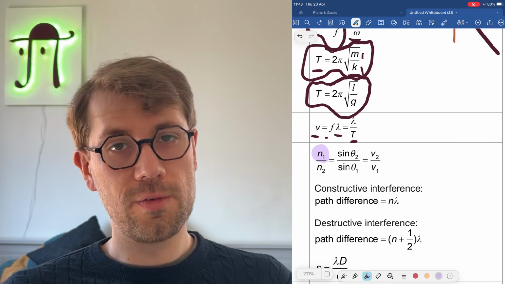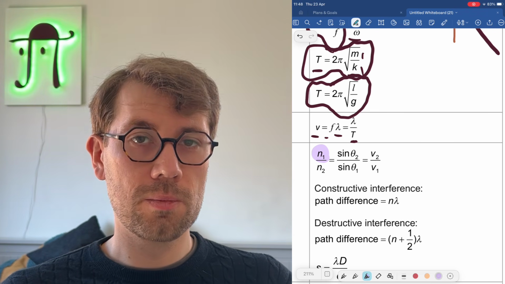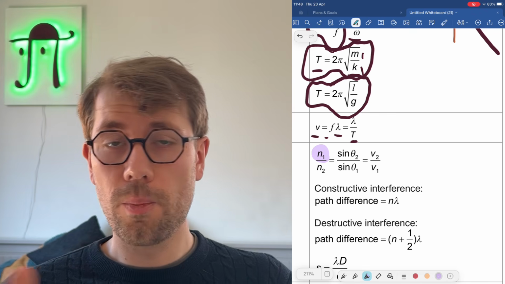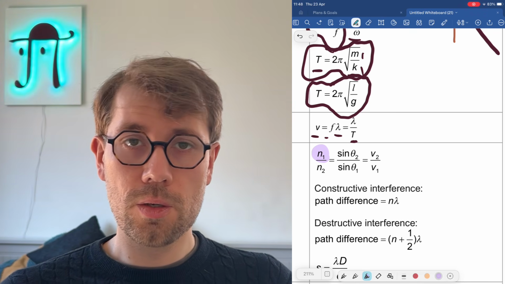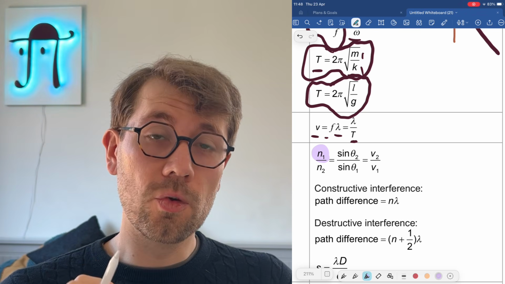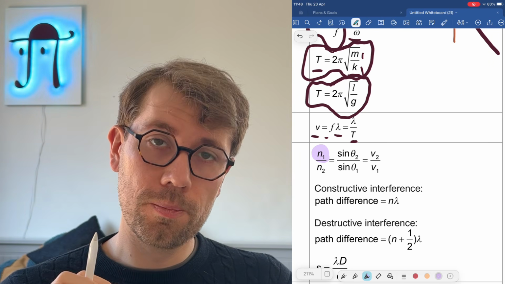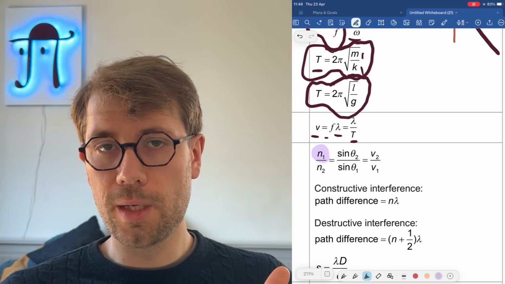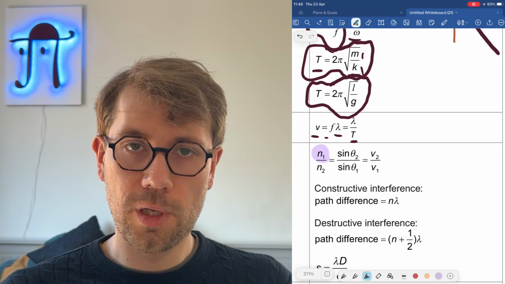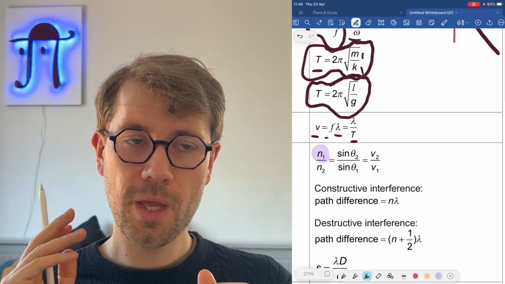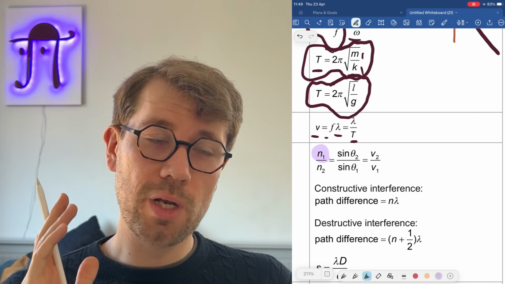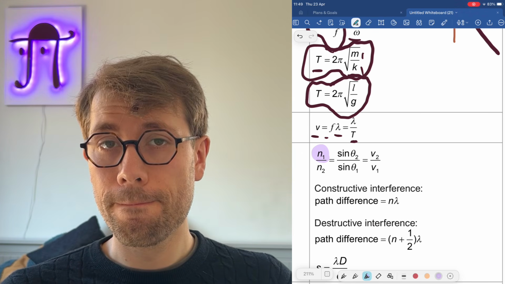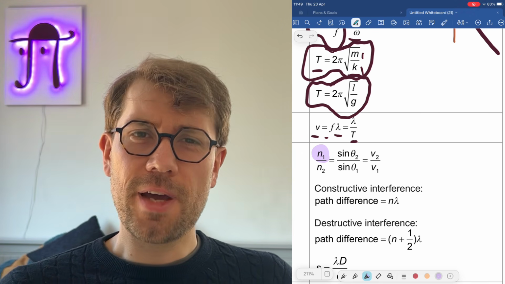A low refractive index means it won't slow down light much compared to the speed of light in a vacuum. So the speed of light in a vacuum actually has a refractive index of 1. You can't get lower than that. That's the lowest possible refractive index. If you got one lower, it would imply that your light was traveling faster than the speed of light in a vacuum, and that's impossible.